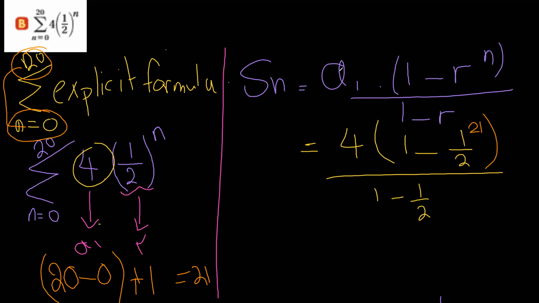I will subtract 1 minus the answer, times 4, divide by 0.5. So the answer will be 7.9999, and approximately the summation of the numbers is 8. Is it clear? Yes. Okay, thank you.